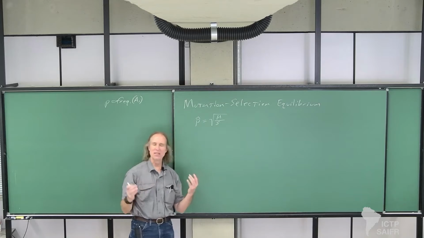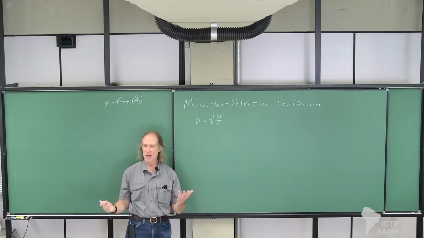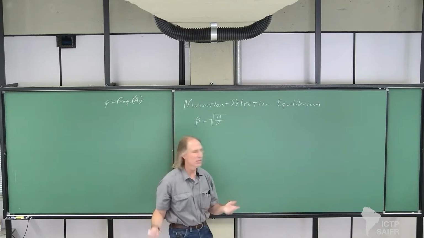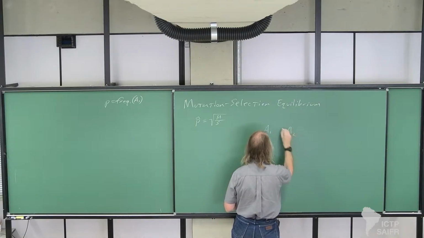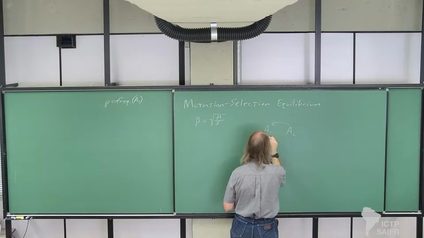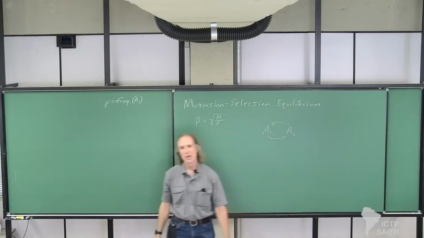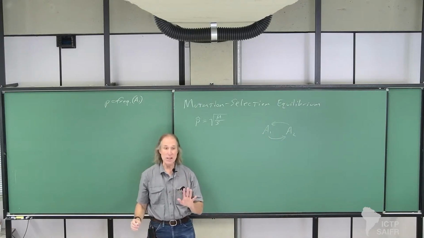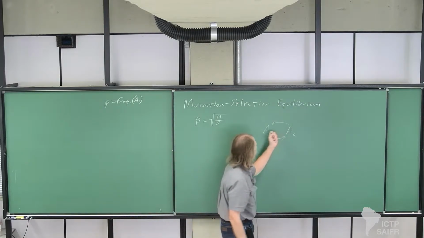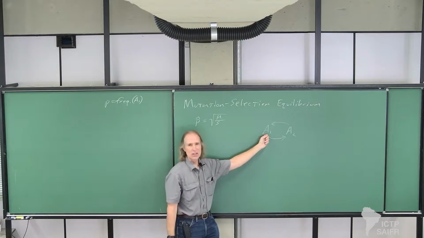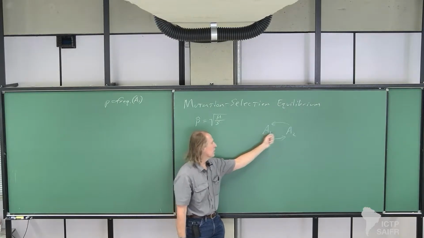We're setting this up as though there are only two alleles, right? Real loci have a lot of different alleles, but I just say there's A1 and A2, and I have mutation back and forth. The trick, if we're only interested in the frequency of one of the alleles, A1, we normally think of these as a particular sequence at a locus, and this would be a different sequence.